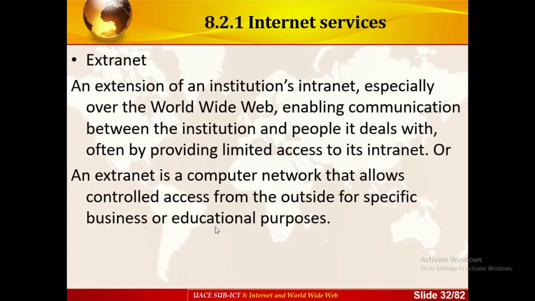If you want to compare the difference between intranet and extranet, intranet is used within the organization, but extranet can also be used outside the organization. For example, an email communication or a website. Intranet is like a platform whereby only members within the organization can access the information shared.